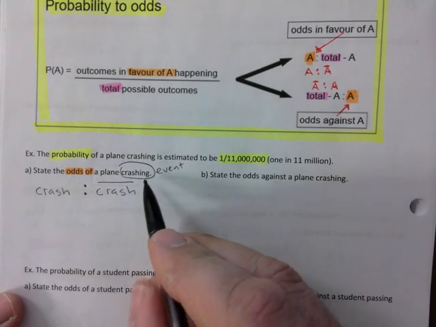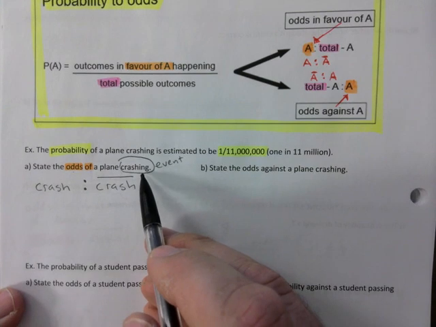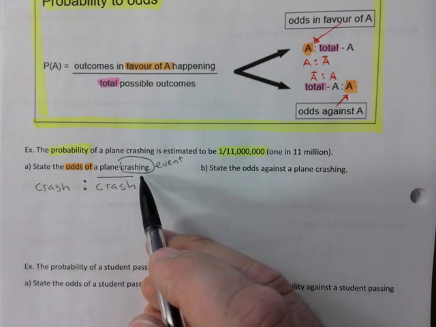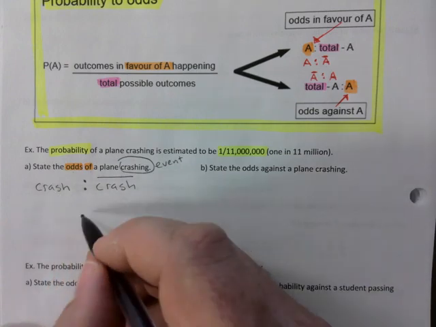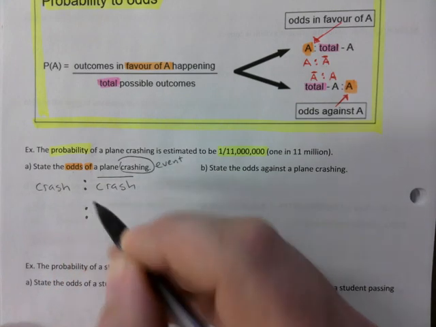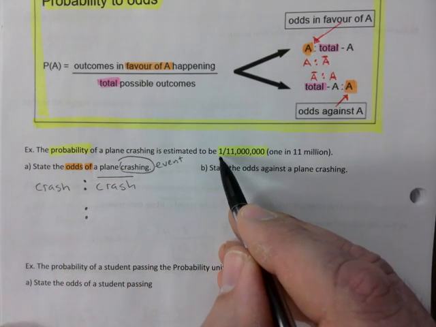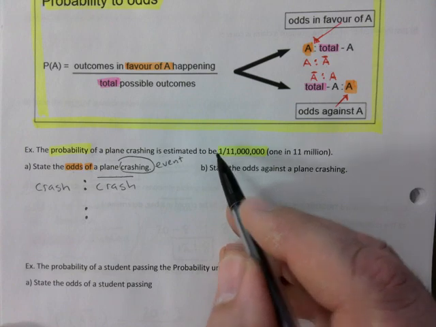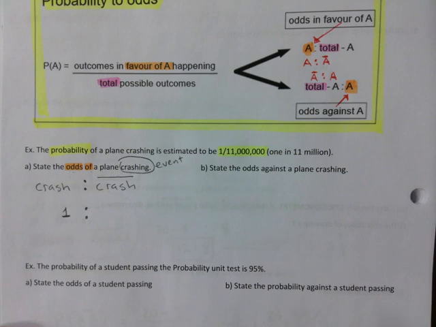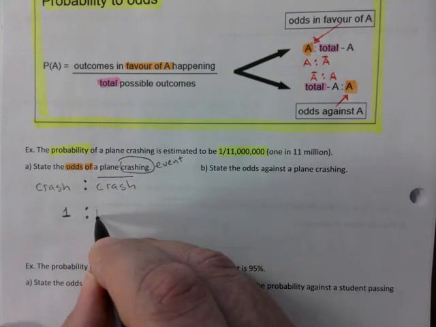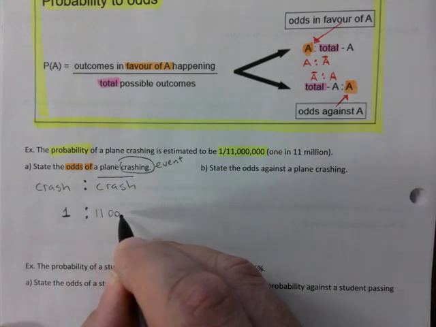This is the event that everything revolves around, in this case, a plane crashing. Over here, the chances that it will crash would be just one. There's just one instance where that happens. And on the other side, you're going to put 11 million.